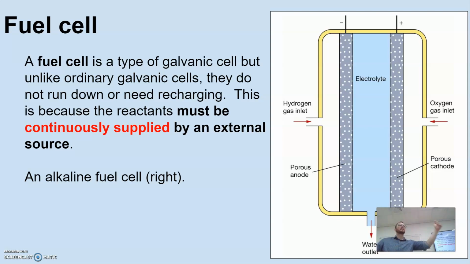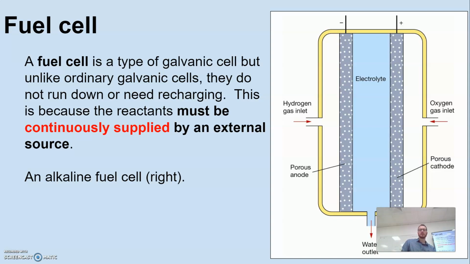So all of our other batteries are stored within the battery, right? Fuel cells, we're constantly putting it in. If we operate a car, say, for example, on a hydrogen fuel cell, we don't need a stored supply of oxygen. Why? Right, because we can get oxygen from the air.